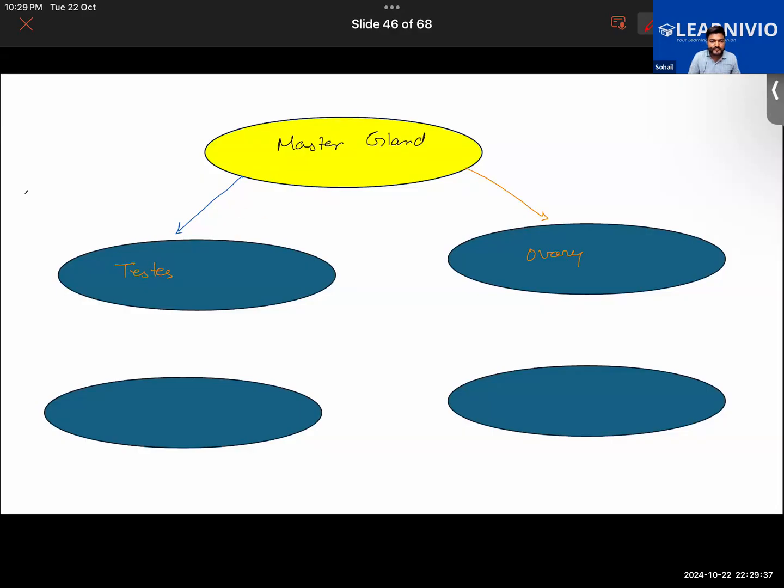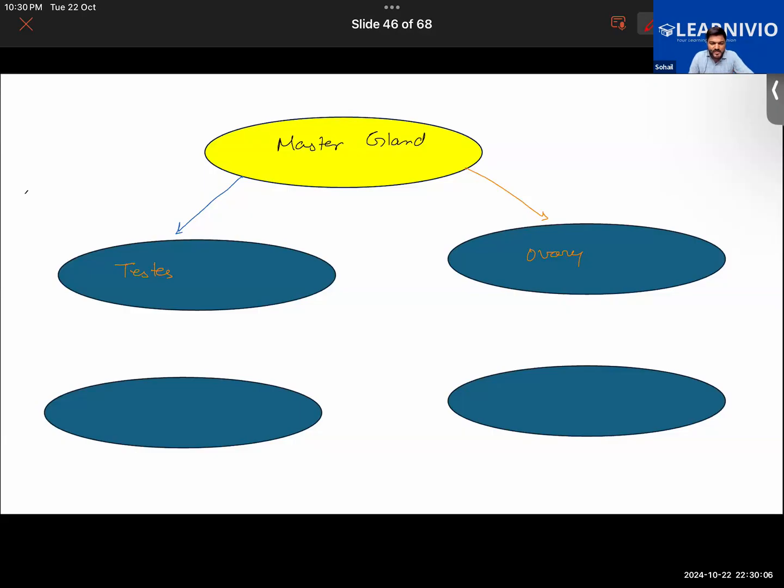Getting it now? That is one thing. So the pituitary gland will control the testis, ovary, and other glands are also controlled by it. If there's any question in this, please let me know. No questions.